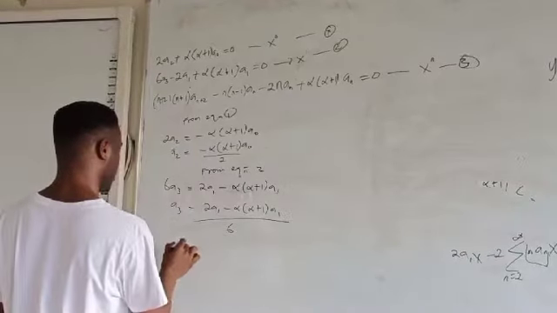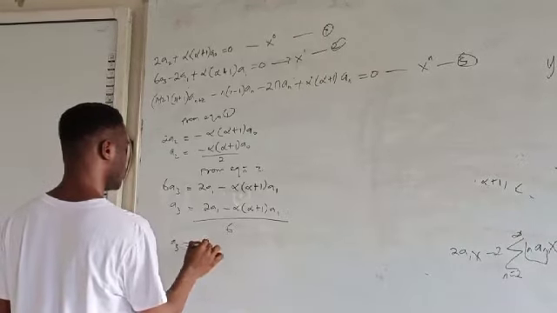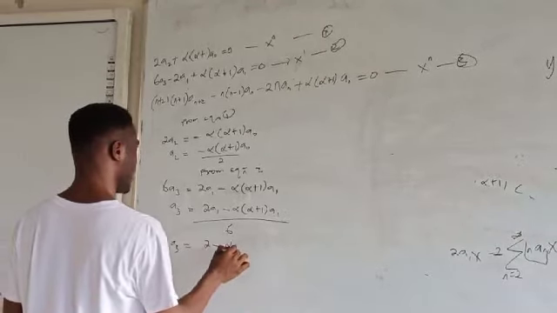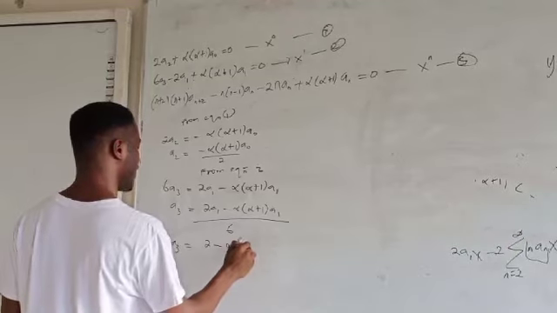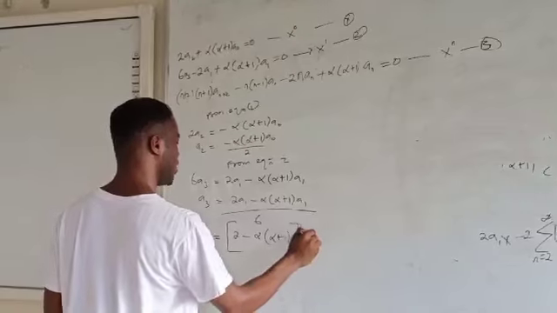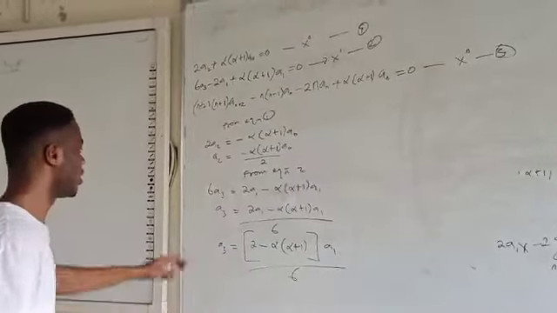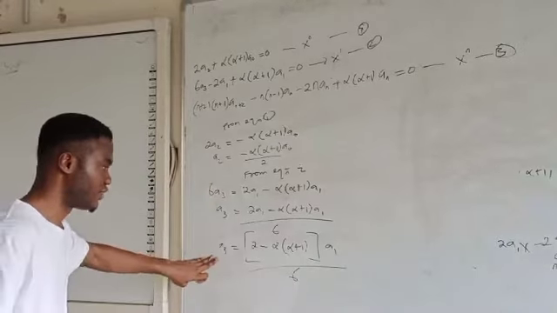So we have that a3 is equal to 2 minus alpha bracket alpha plus 1, all being multiplied by a1, divided by 6. So this is for a2, this is for a3.